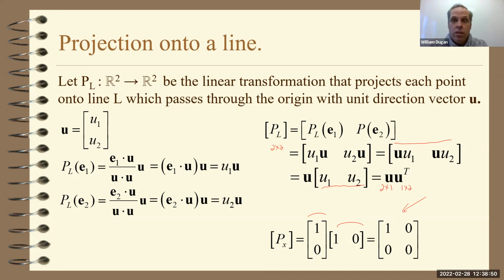Now your book gives you a harder, frankly, a more difficult formula. Your book actually does the same thing, but it does it with a direction vector D1, D2, and it's not a unit vector. And it writes everything in terms of components, so in terms of U1 and U2, and it's just a whole bunch of symbols all over the place. It's really not a good idea.